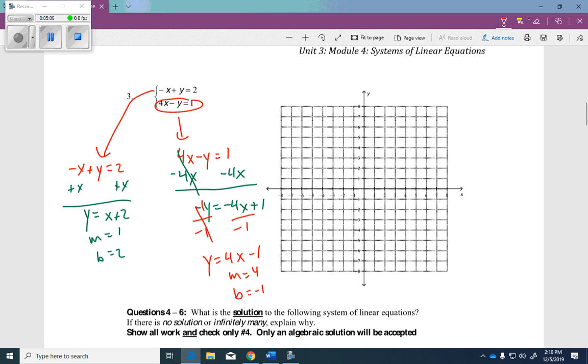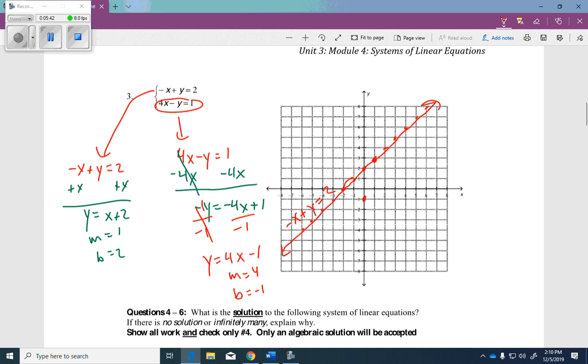So I'll graph the first one, starts at 2, goes up 1, right 1. I always label it with the original equation. You are allowed to label it with the other one, but I like the original. Second equation starts at -1. The slope is up 4 to the right 1.